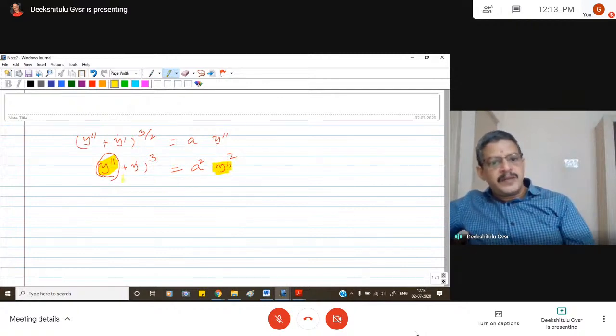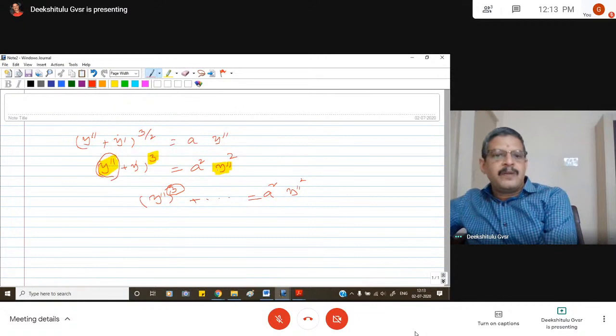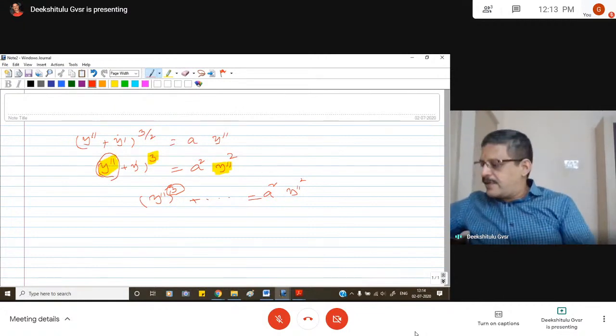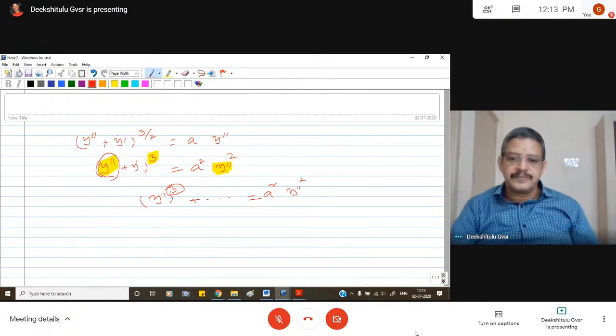If you expand this cube, you will get y double dash cube plus so on and so forth. On the other side you have a square y double dash square. So the highest degree is 3. With these problems of finding degrees, be very careful. The degree of this differential equation is 3.